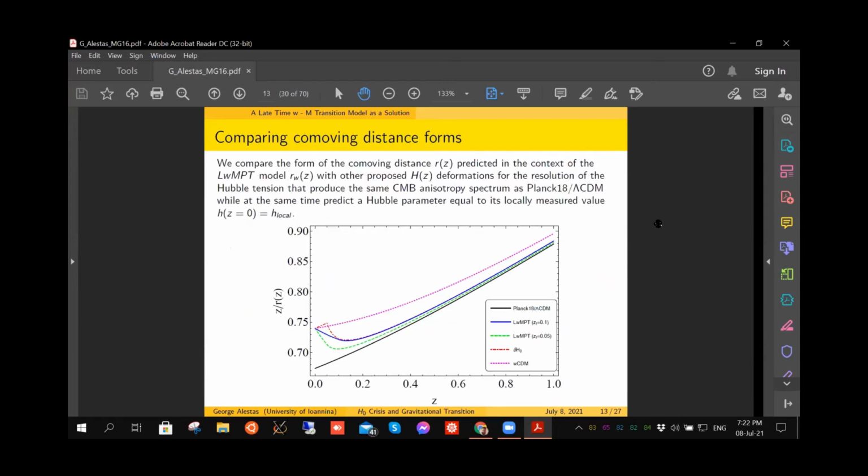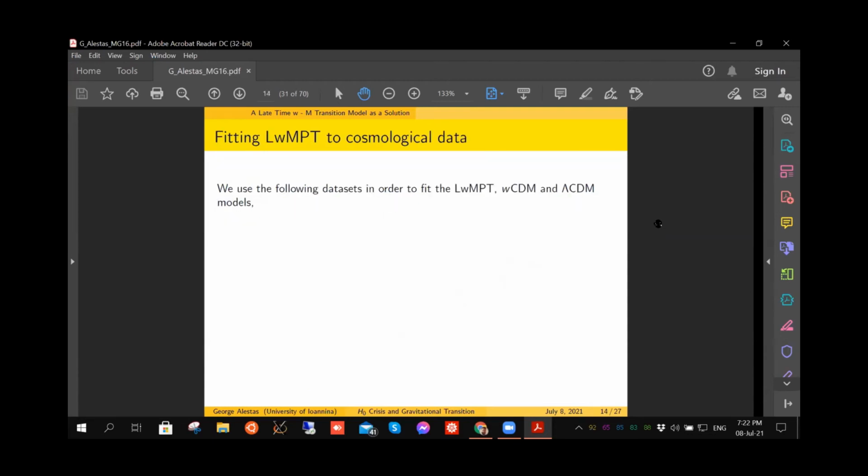Now, if we compare the comoving distances predicted in the context of the LWMPT model, shown as the green and blue lines, without the proposed H0 deformations for the resolution of the Hubble tension, we see that this model is the closest to the Planck-Lambda CDM fit, while at the same time predicting a Hubble parameter equal to its locally measured value.